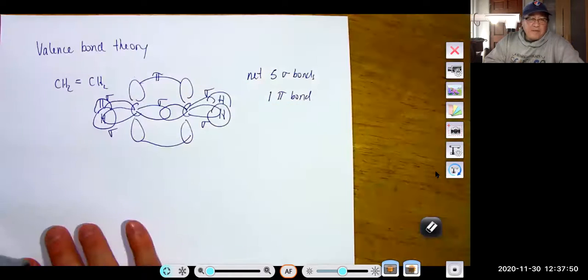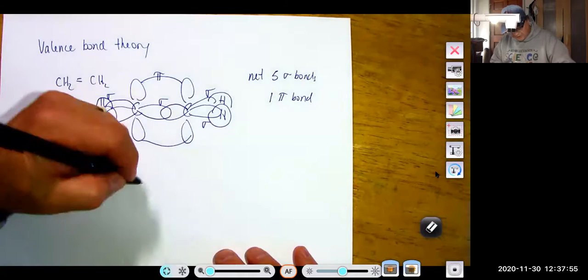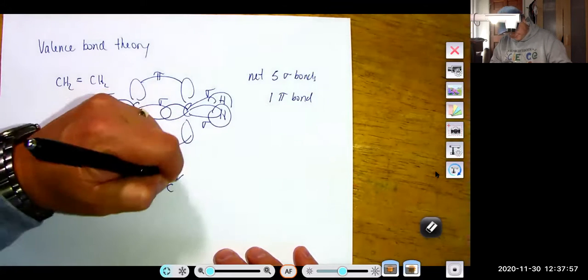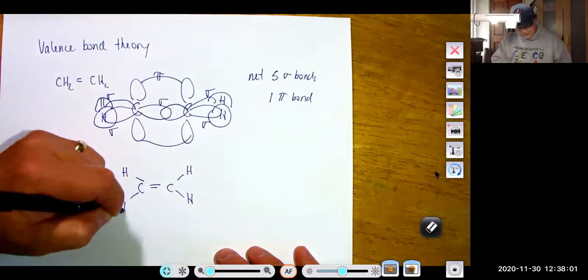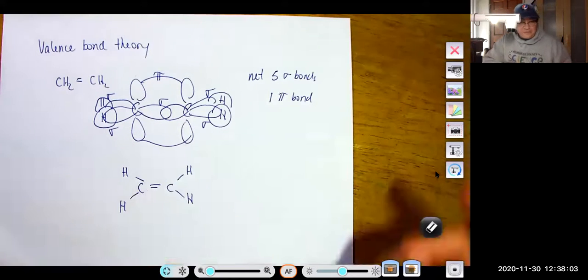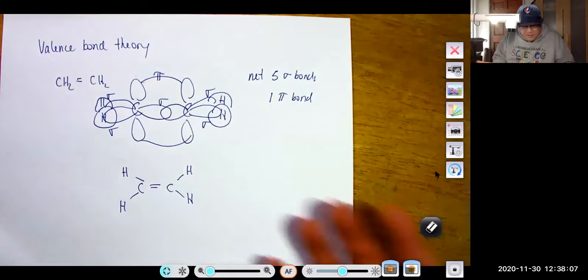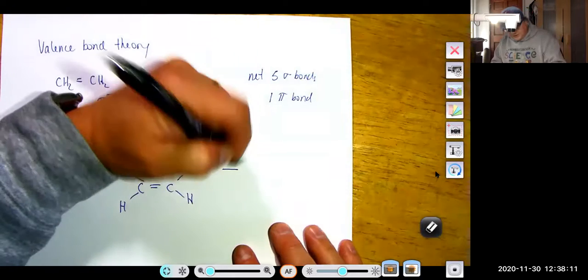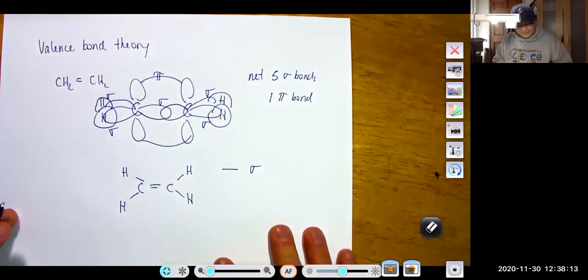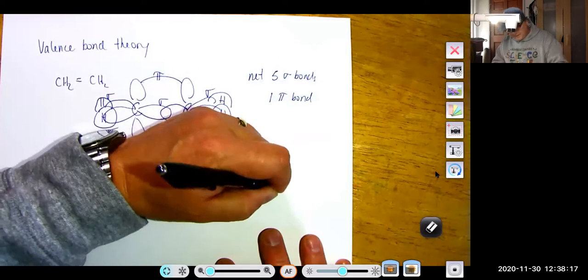So you should be able to count bonds. Now let's take a look at this thing drawn this way. This is a little off, but you'll forgive me. So here, how do we know something is a pi bond? It's really simple. Single bonds are sigma bonds. Double bonds are 1 sigma and 1 pi.